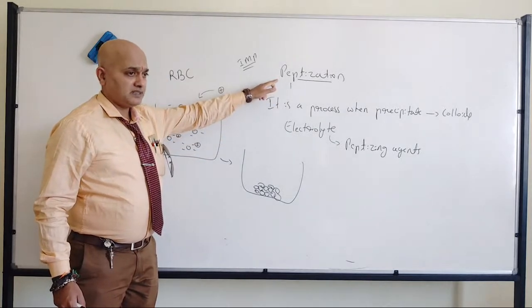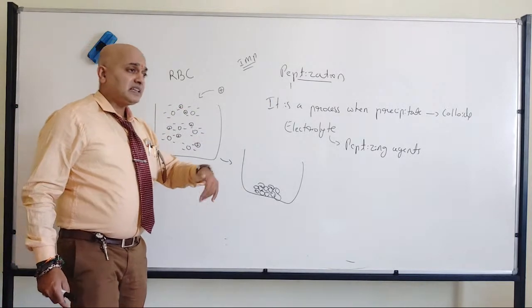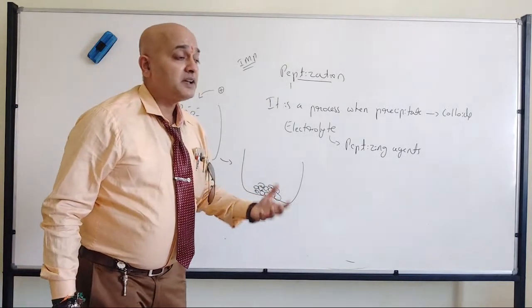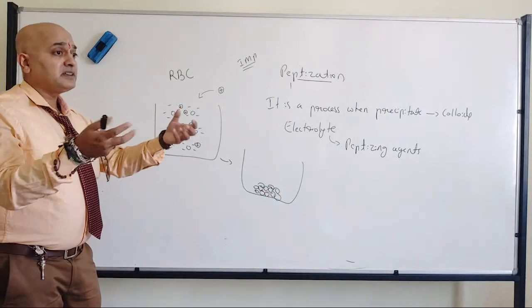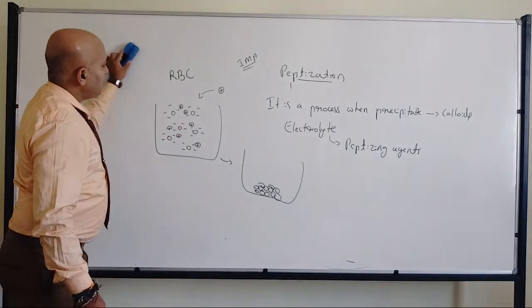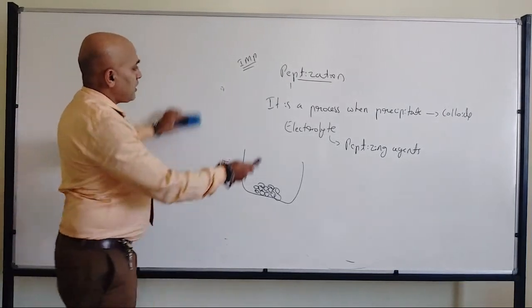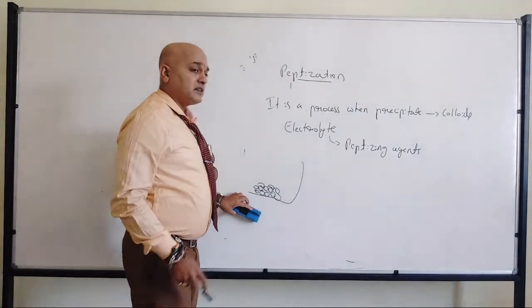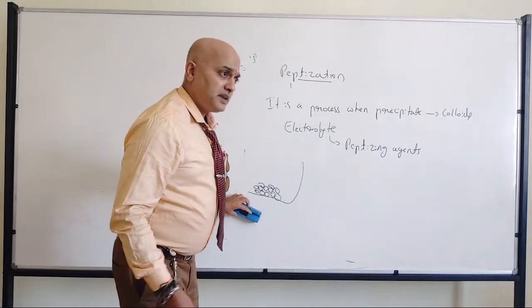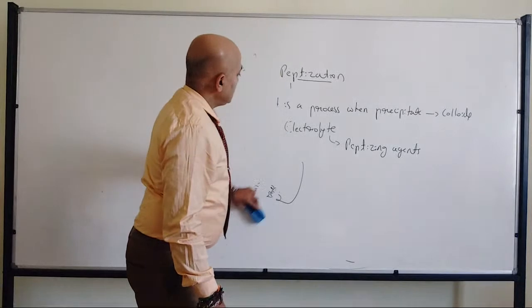The reason is this: by adding the electrolyte you are providing charges to the colloids, because of which they will get dispersed. They will move away from each other. That's where we have the role of electrolytes, either in precipitating the colloids or making the precipitate into a colloid. In both cases we can use electrolytes.